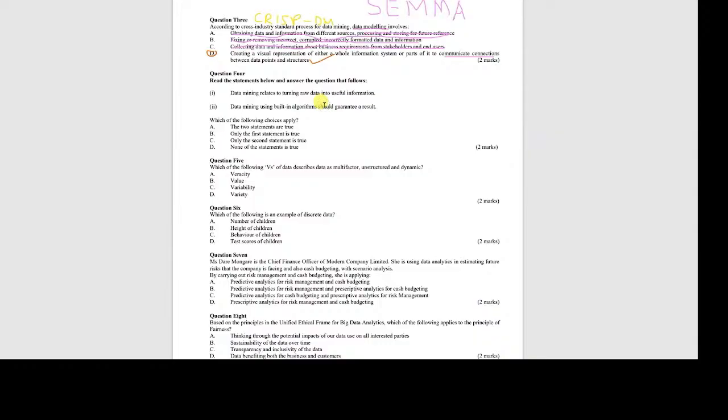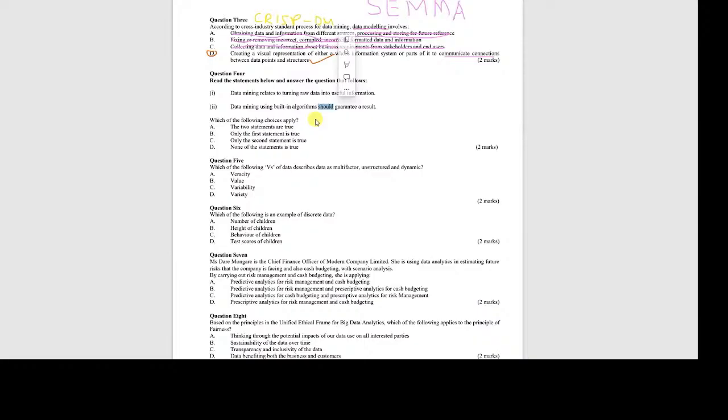But if the statement had read data mining using built-in algorithms must guarantee a result, then the statement would not be true. Here it reads should guarantee, because that's the intention, to guarantee a result.